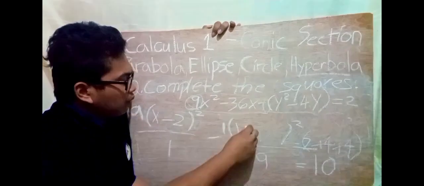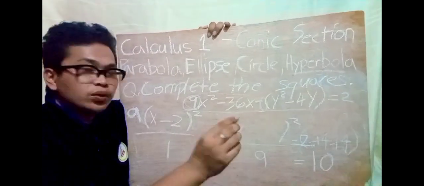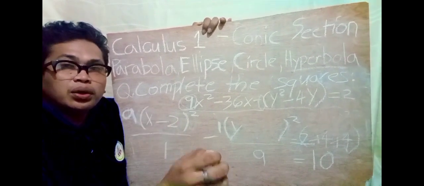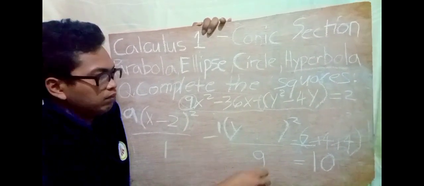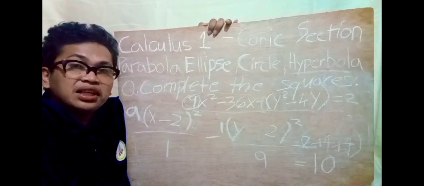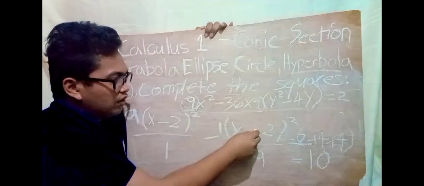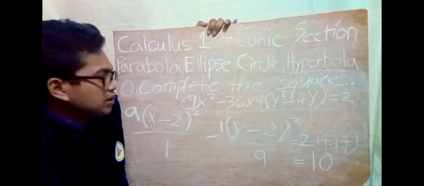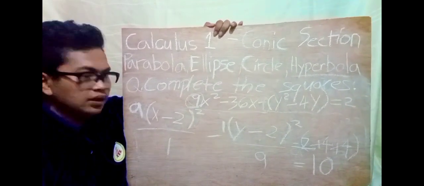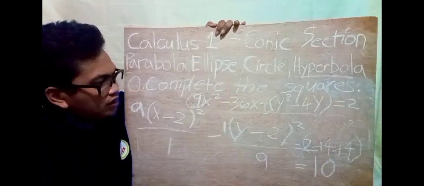The same applies to the y: negative 4y divided by 2 is 2, so negative 2. That is our finalization.